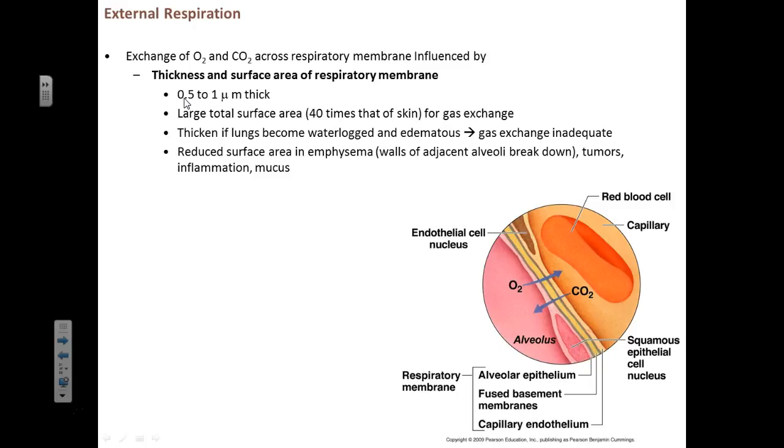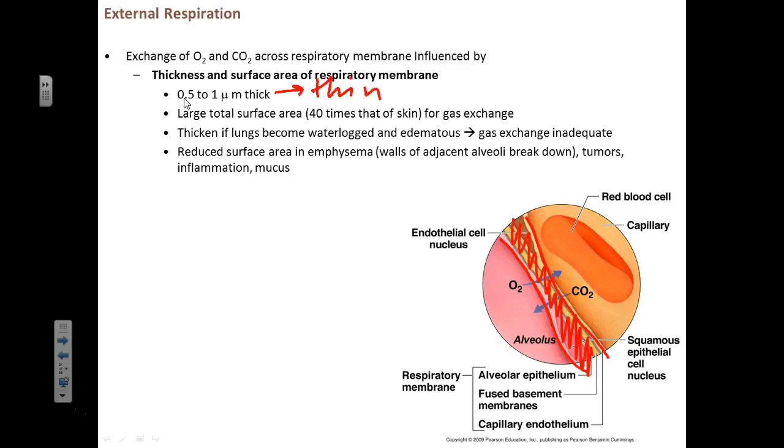So the actual diffusion of gases through the membrane, the respiratory membrane, which is essentially this. The exchange of gases through the respiratory membrane is influenced by the pressures, of course, and the thickness of the membrane.